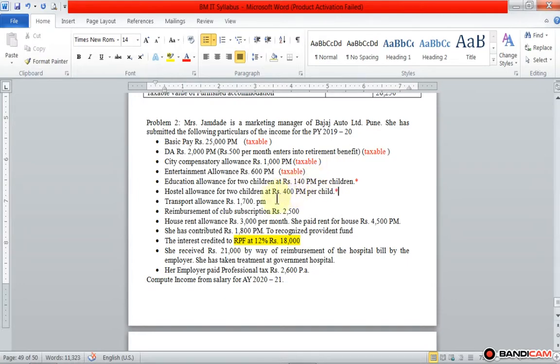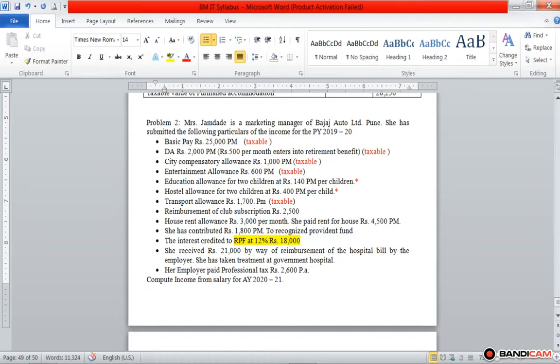Then transport allowance. All transport allowance is taxable. In the information given, transport allowance is partly taxable and partly exempted only for a handicapped person.